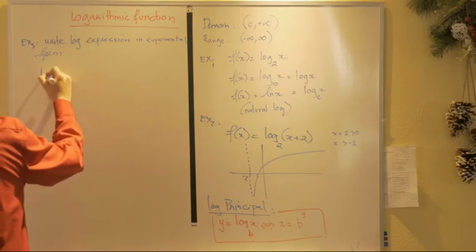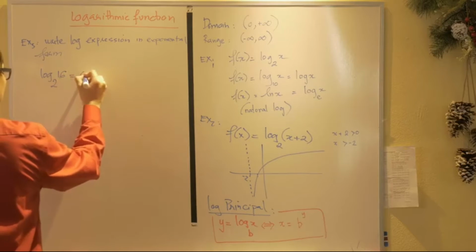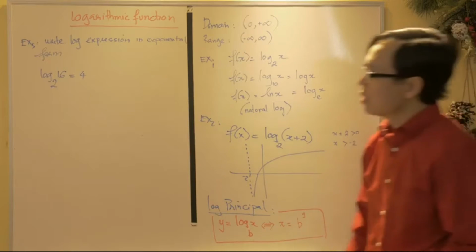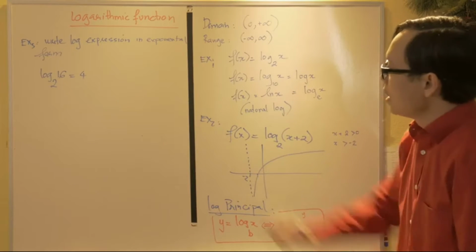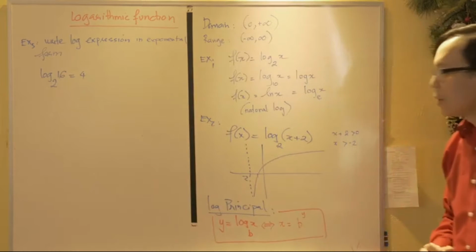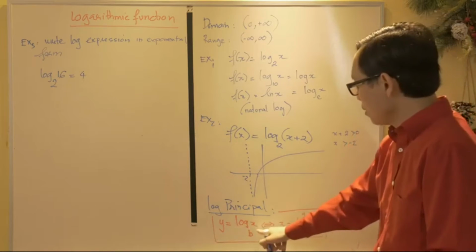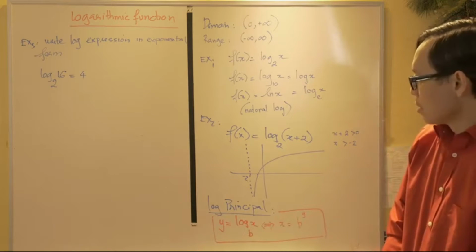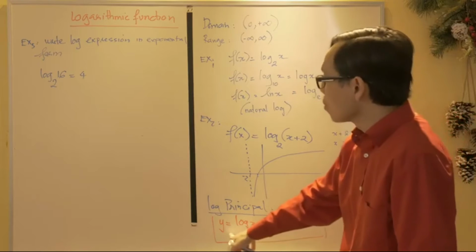So I have log base 2 of 16 equals 4, and I want to write this equation in exponential form. Of course, we have to use the log principle. We need to define the b value, the x value, and the y. Look at this: log base b of x equals y.